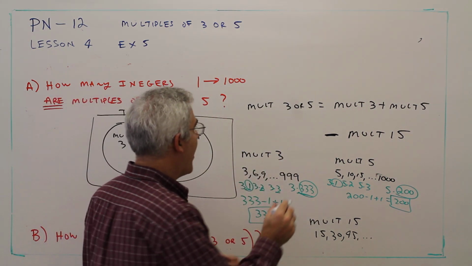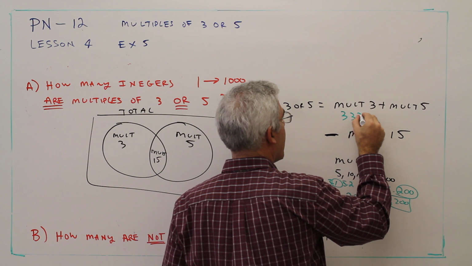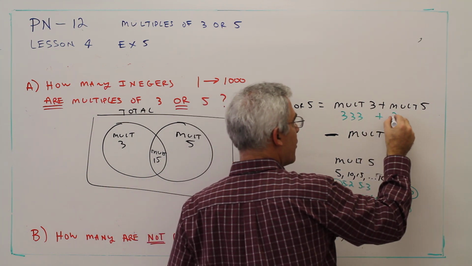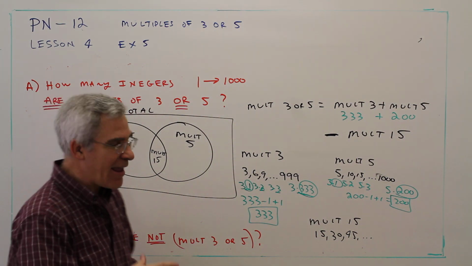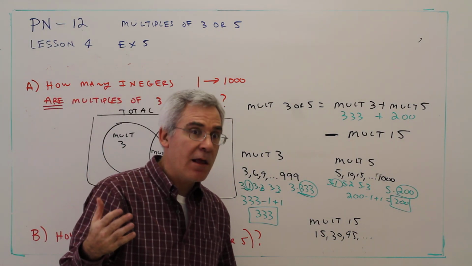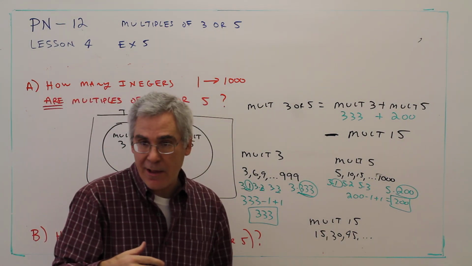So right now I've got 333 plus 200, and now we've got to find the multiples of 15. And again, I'm not so good with my multiples of 15. Let me show you how I find out how it ends.